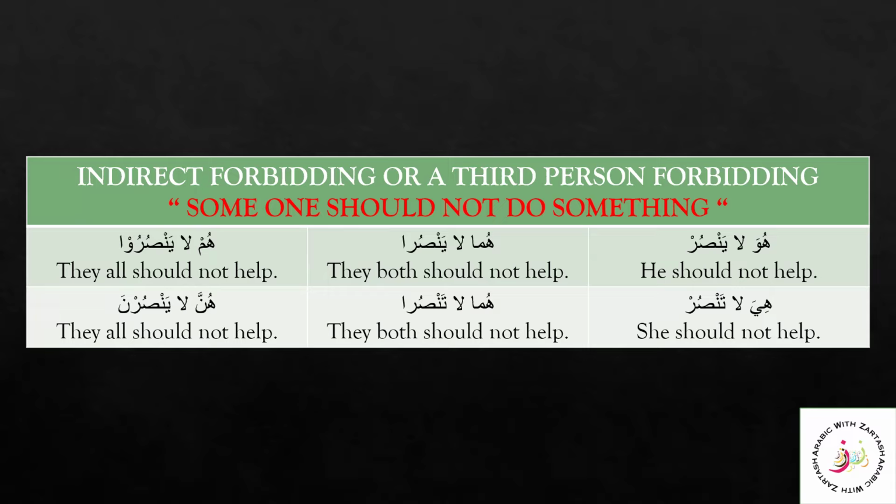So how is it going to be done? Let's see. We are going to apply this indirect forbidding on these 6 sigas: huwa, huma, hum, hiya, huma, hunna. Always remember that we look for an outside doer for huwa and hiya, because they do not have an inbuilt pronoun; they have the damir mustatir, taqdiruhu huwa, so they can both have an outside doer.